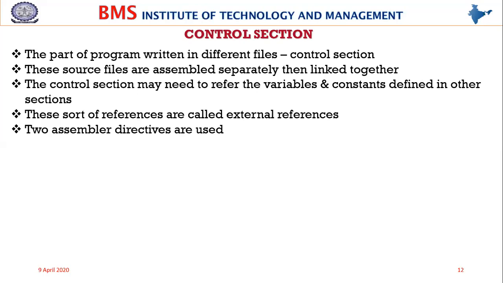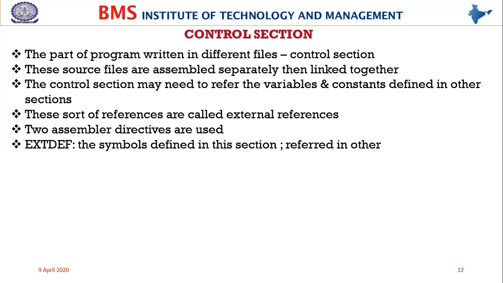Be careful with this. One assembler directive we call EXTDEF. The EXTDEF indicates a symbol defined in this control section, meaning in this file, but referred to by some other file. If it is referred to only in this file, it doesn't affect you.